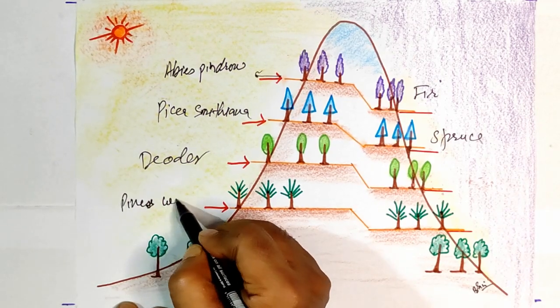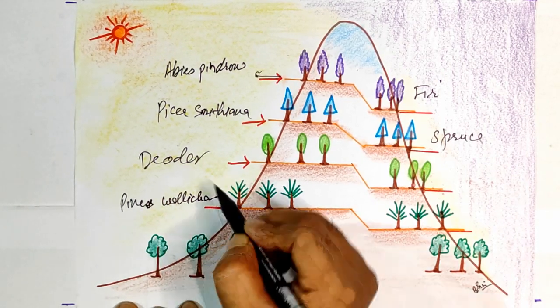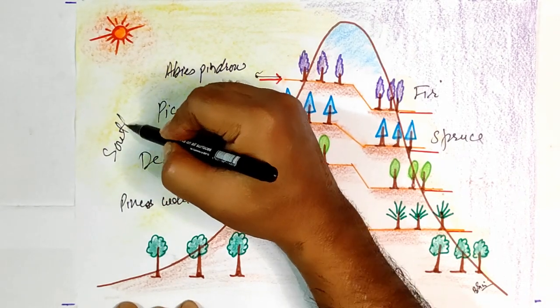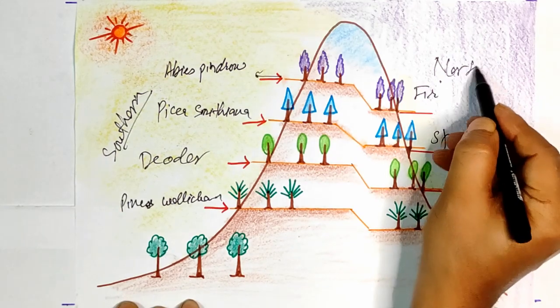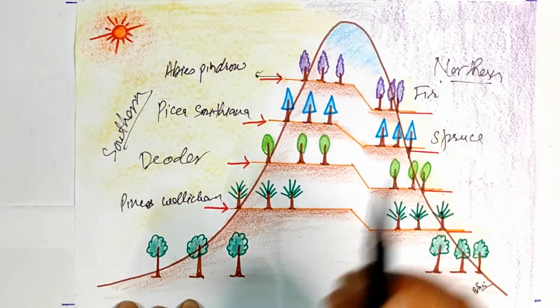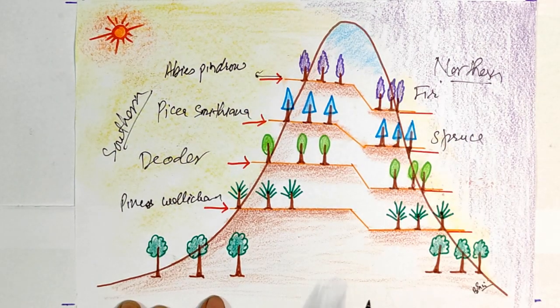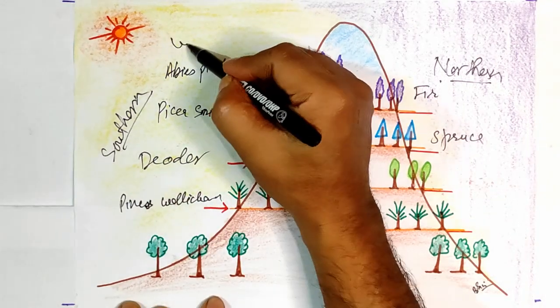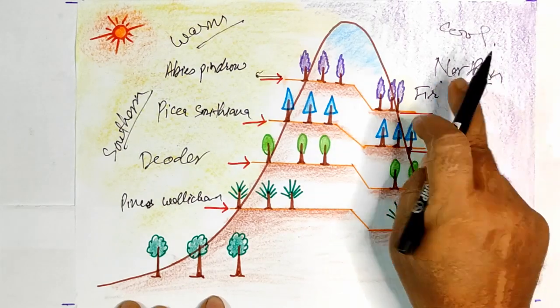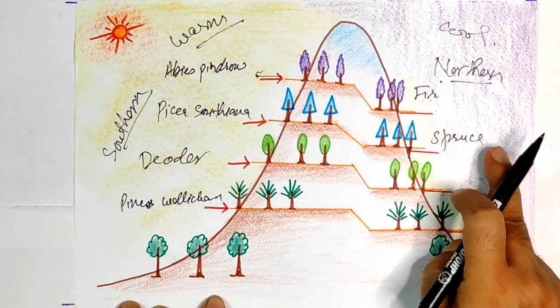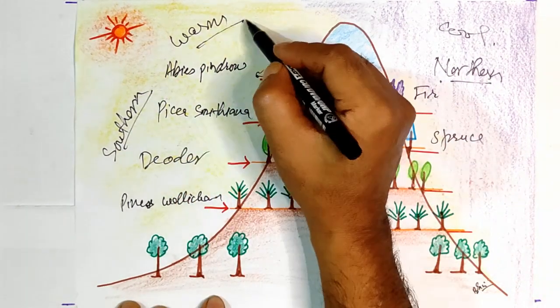So this is a southern aspect, and this is northern aspect. I'll come to the next lecture what is southern and northern aspect. Let's understand. The southern aspect is warmer, warm and dry, and the northern aspect is cool, moist and cool.